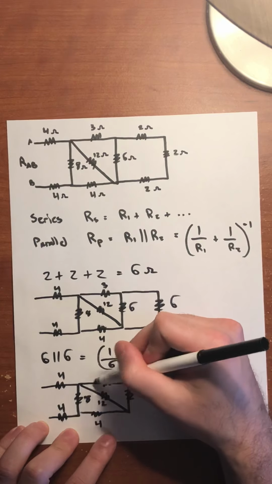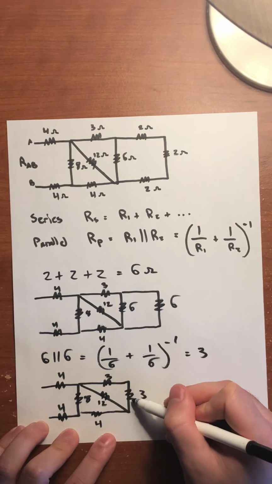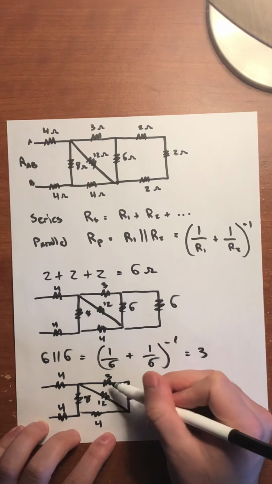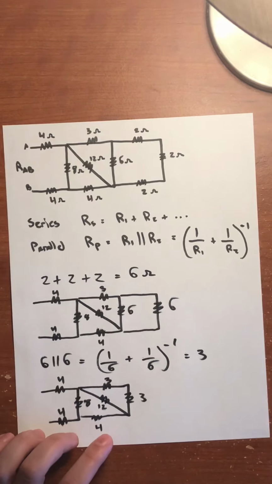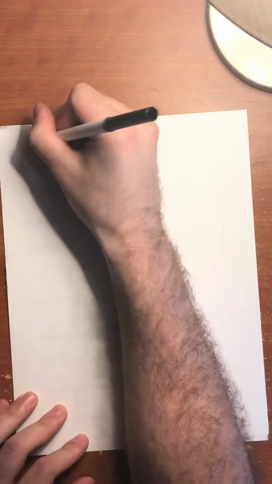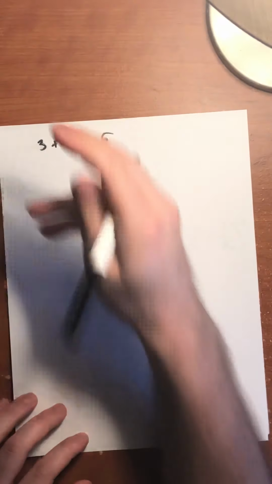As we can see, the current goes from this 3 ohms into this 3 ohms too. Since these two have the same current going through them, 3 is in series with 3, so 3 plus 3 equals 6. Again, we can redraw the circuit.